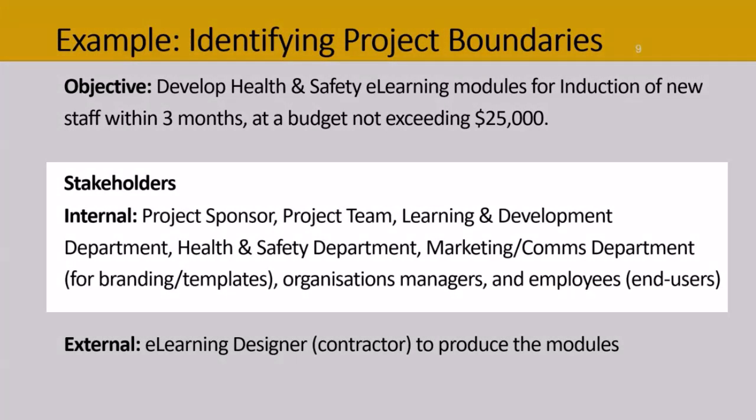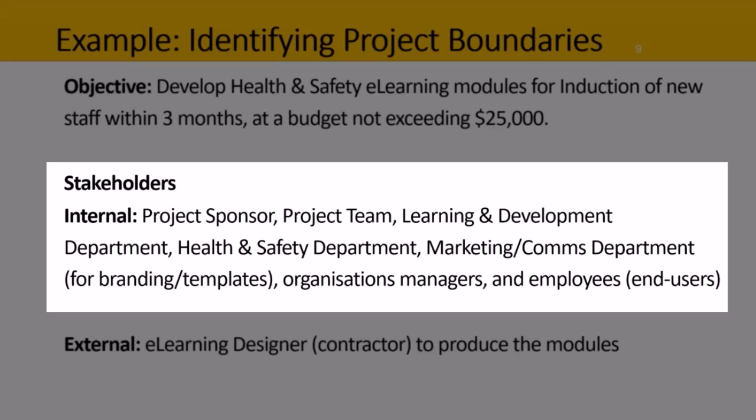As I mentioned, the first thing I do is identify the stakeholders. Mine is an e-learning project for a company and it's to do with health and safety. So my internal stakeholders would be the project sponsor and the project team, but also the learning and development department, because this is a learning type of project, the health and safety department, because these modules are about health and safety and they'll have to help us out, and also the marketing and communications department, because they're going to be concerned about the fact that this is corporate communication and it needs to have the right branding or use the right templates.